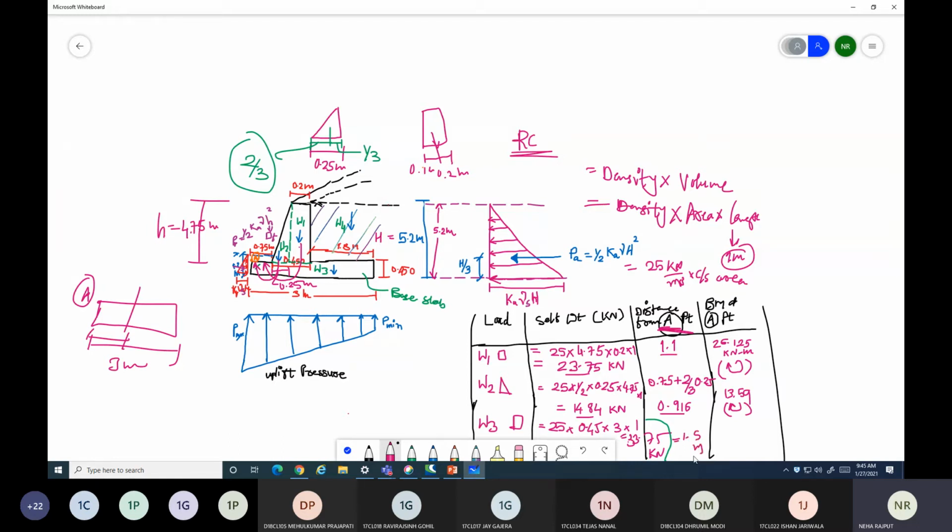So this 1.5 meter into 33.75. So this is 50.625 kilonewton into meter moment. Again, this W3 load and this A moment will give the clockwise moment. So this will be your clockwise.